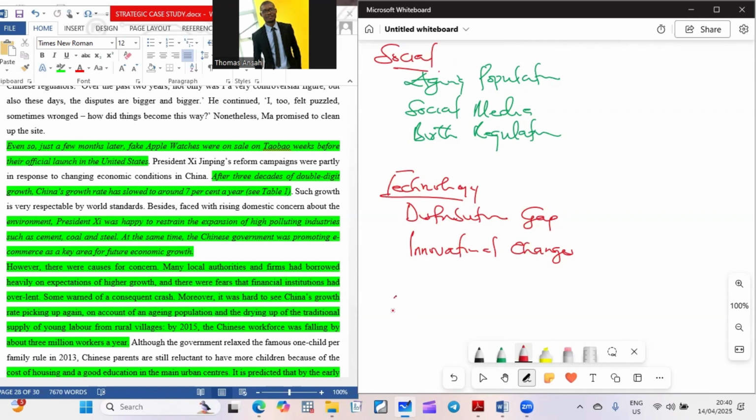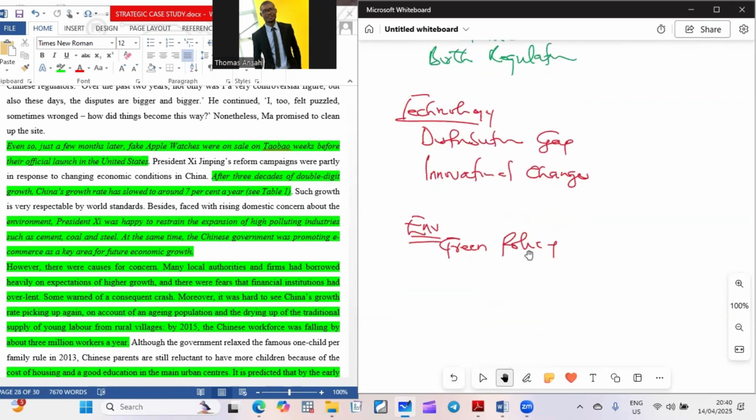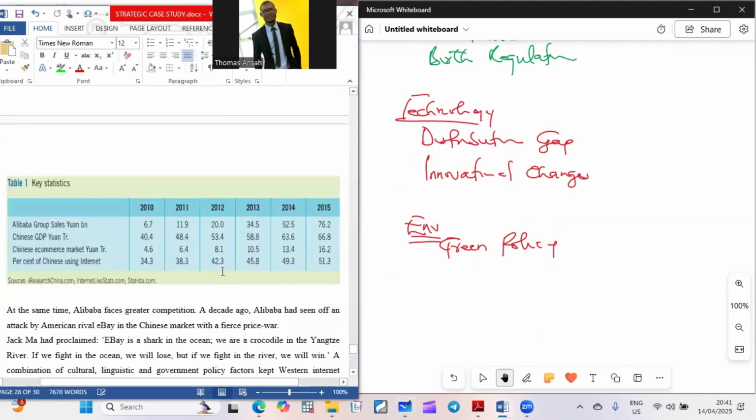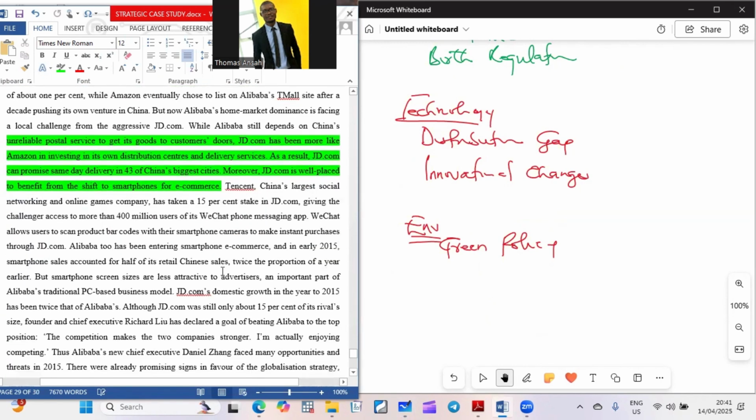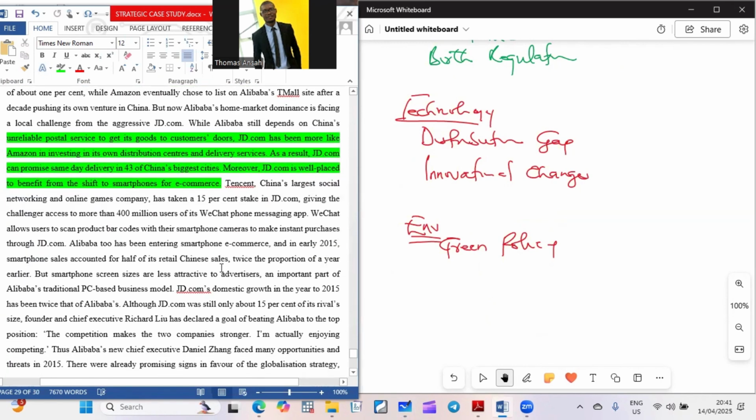What about the environment? The environment opened up an opportunity for him. I told you the government came in with a green policy. So he was fighting other industries, but it didn't come to Alibaba's own. So that is an opportunity. The story even said it was in line with Alibaba's carbon technology, so he didn't have any big problem about that. Those things are opportunities for him.